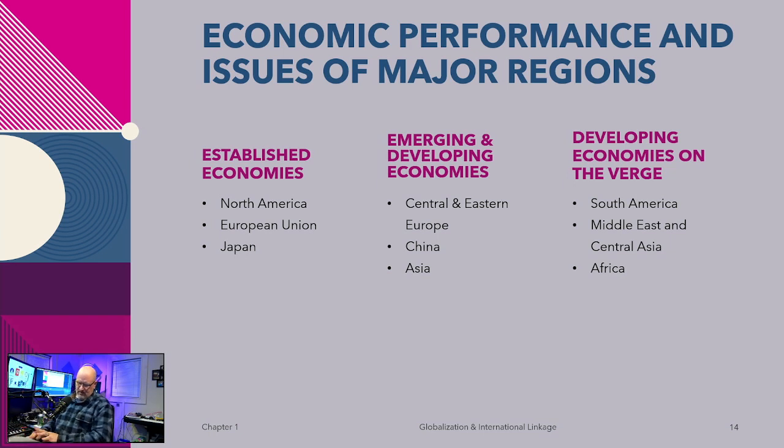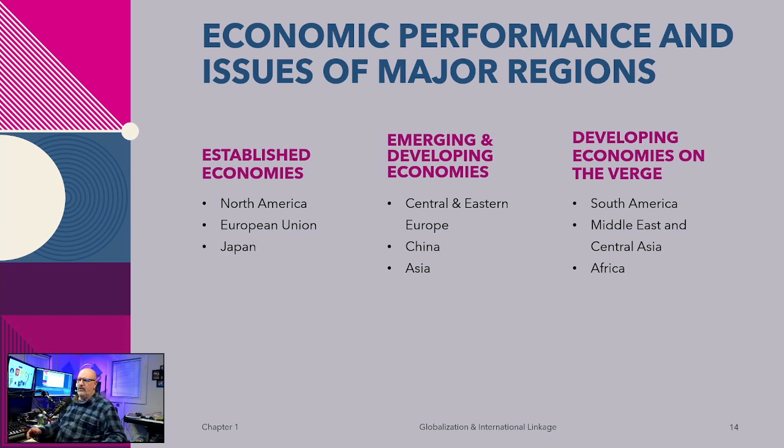These economies are established in that they are strong. From the vantage point of development, performance, and growth, the world's economy can be evaluated. Let's take a look at it, and we see that there are established economies, emerging economies, and developing economies.